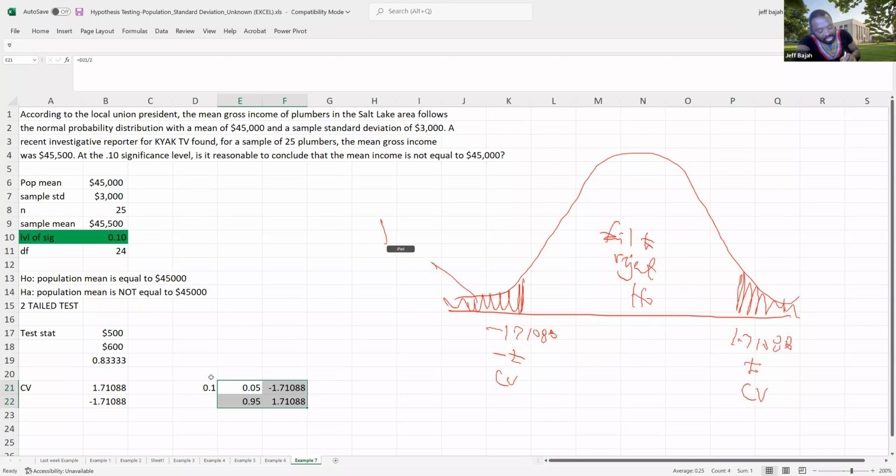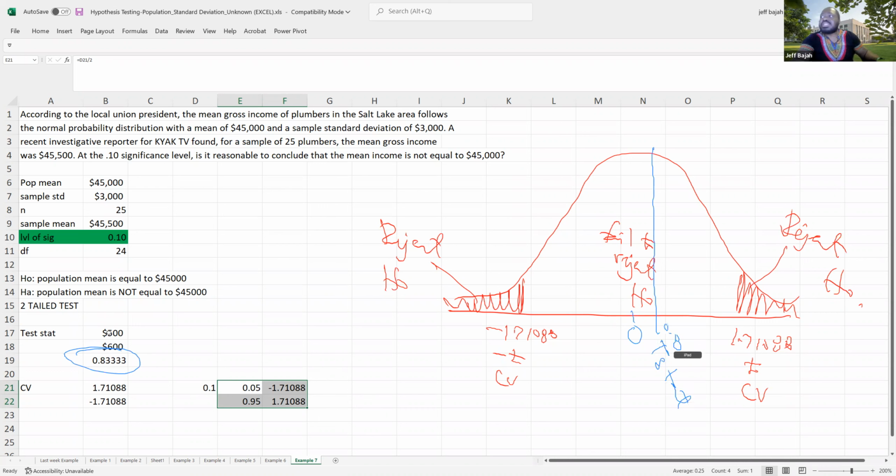Anything here, we're going to reject H0. And anything here, we're going to reject H0. And so we now go back to look at our test stat, which is what? 0.8. Remember, this is 0, so 0.8 will be somewhere here. This is our test stat. And it's 0.8. So you can see it falls in the fail to reject area.